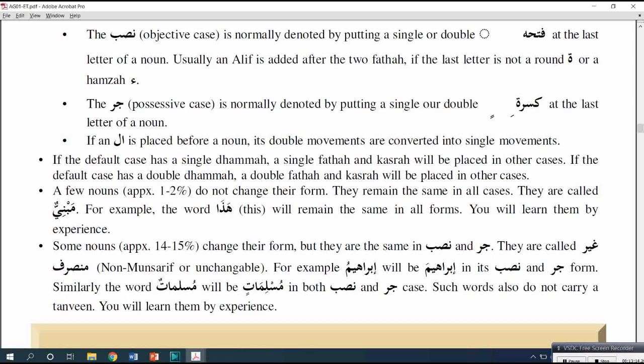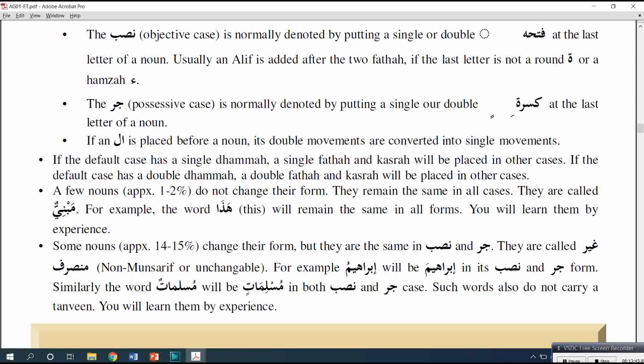Then the next is a few nouns. For example, 1 to 2% do not change their form. They remain the same in all cases. They are called mabni. The example, the word haza, will remain the same in all forms. You will learn them by experience.